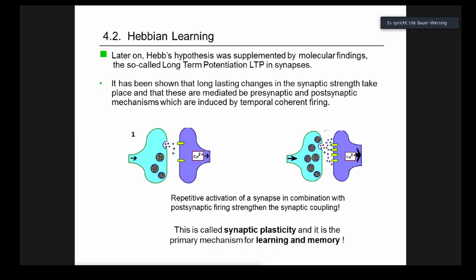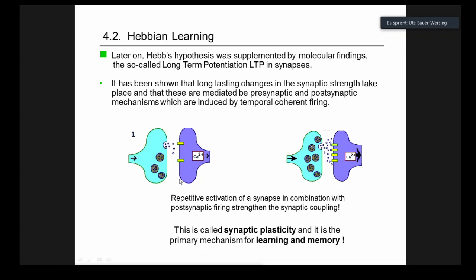What biologists found was the so-called long-term potentiation, LTP, in synapses. So what's going to happen is, if transmitter is released from the presynaptic terminal, it docks to the receptors and excites the cell.